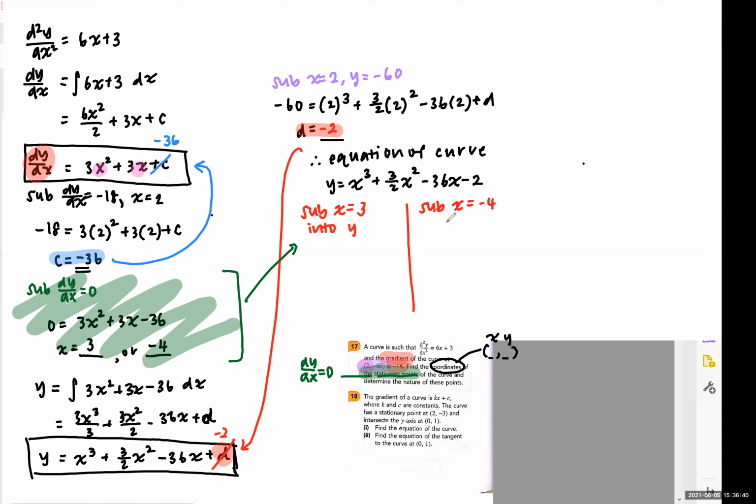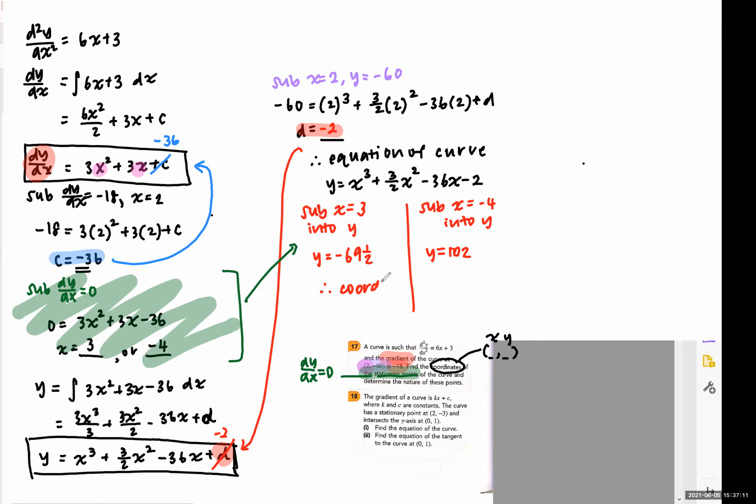Yes, into your y. So therefore, what do we get our y value already? So from here, our y value we got is negative 69 half. The other one is 102. Oh yes, correct. 102. So from here we have our two coordinates already, right? So what are our coordinates?